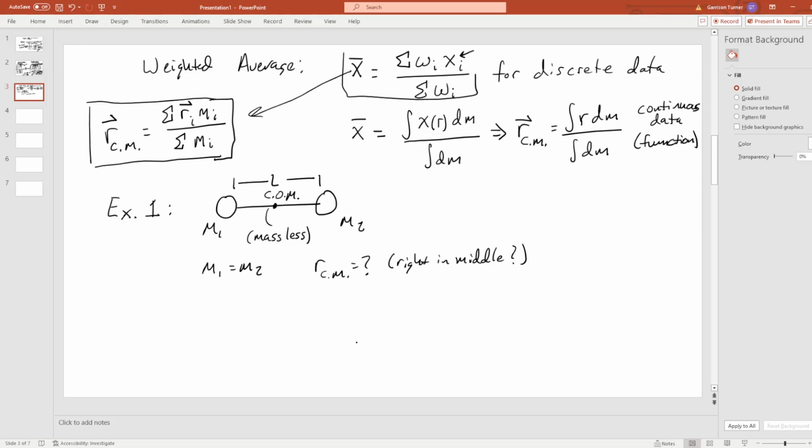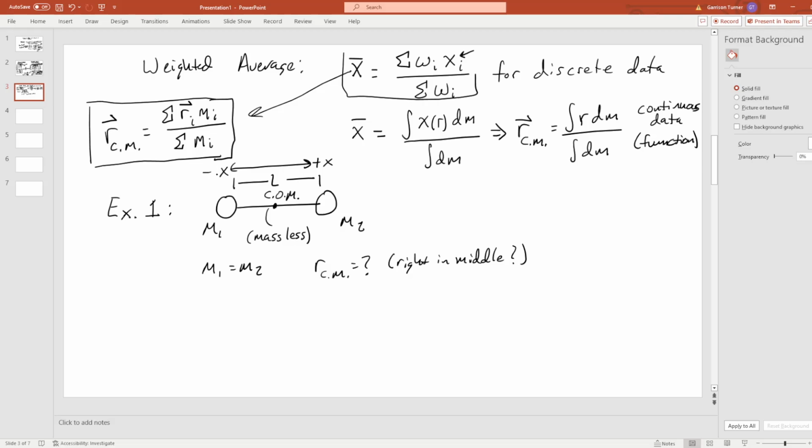Okay, so if we want to figure out where the center of mass is, we first have to identify a coordinate system. So we might as well work right along the x-axis. And here's the crucial part.